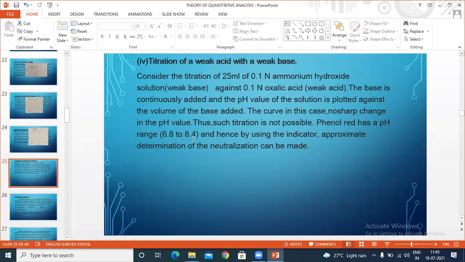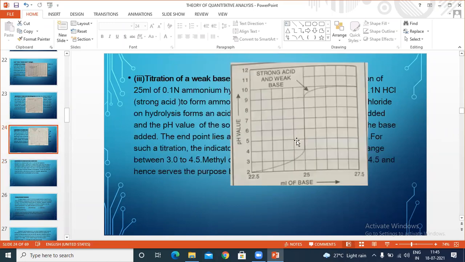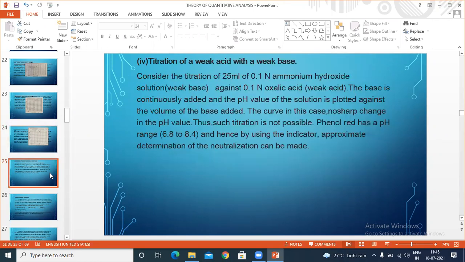Even though we use an indicator, it is not possible to find the exact end point or neutralization point for a weak acid versus weak base. What we expect is just an S-shaped graph, and we do not observe sharp peaks like the others. That is the fourth type of acid-base titration, weak acid versus weak base.